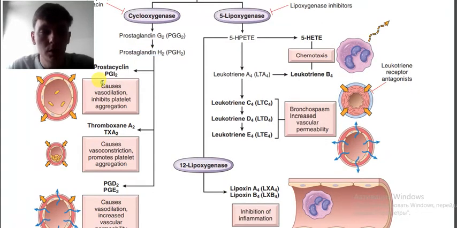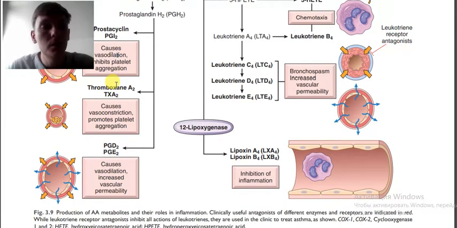So here you see the activity. Prostacyclin causes vasodilation and inhibits platelet aggregation. Thromboxane A2 causes vasoconstriction and promotes platelet aggregation. And PGD2 or PGE2 causes vasodilation and increases vascular permeability.